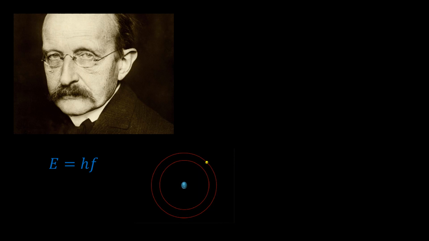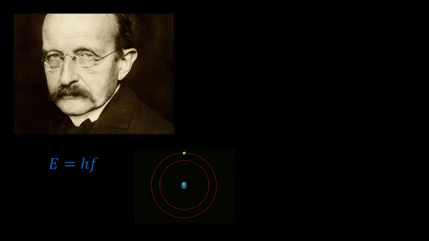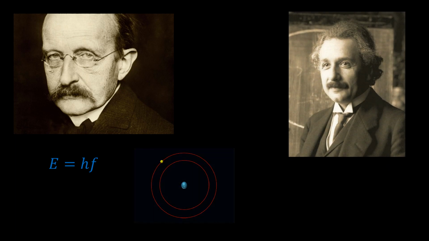Since the light they produce has the same frequency, Albert Einstein argued that it means the energy of the emitted radiation will also be given by E equals hf, meaning that the energy of the radiation was quantized as well.